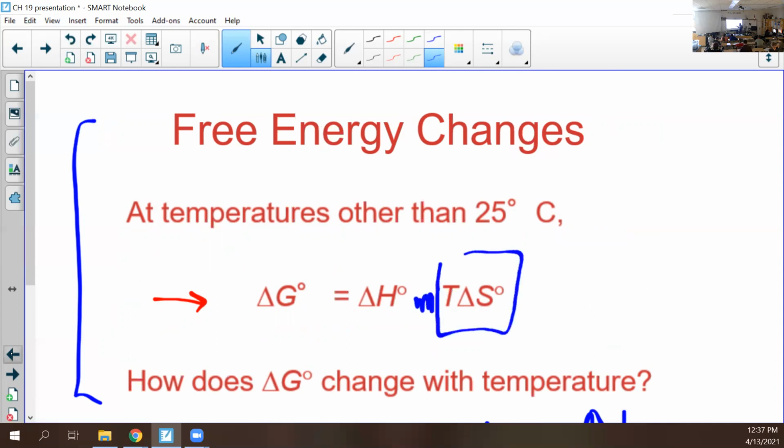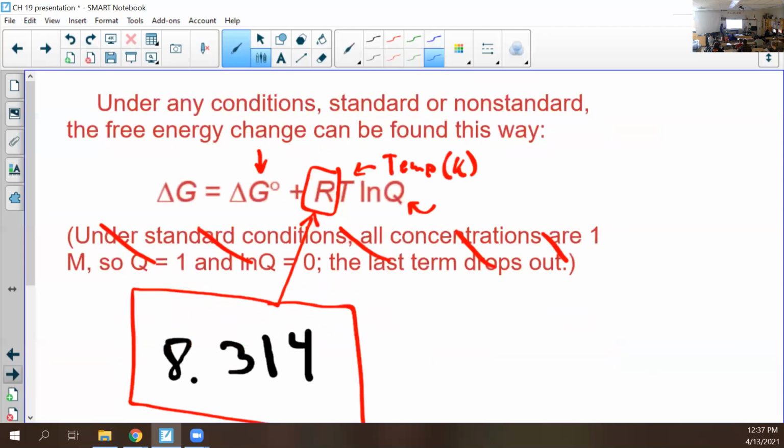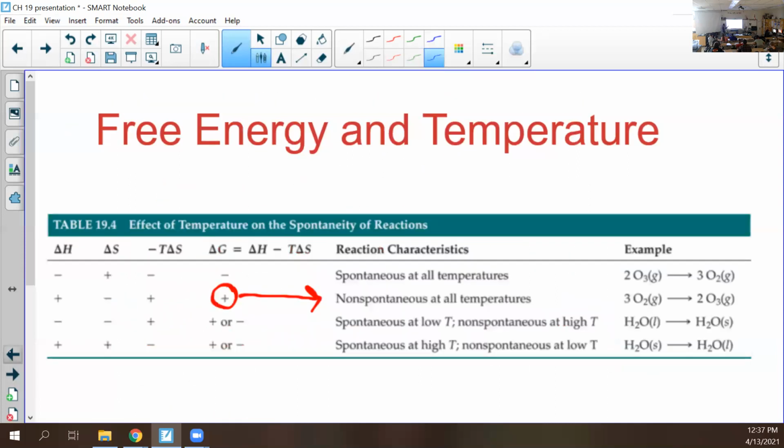It's just this part that will actually determine how it changes with temperature. So we're going to come back and fix that sentence in a minute, because it's kind of true and kind of not true. All right. I think there's a little table coming up that summarizes it. Yep, right there.